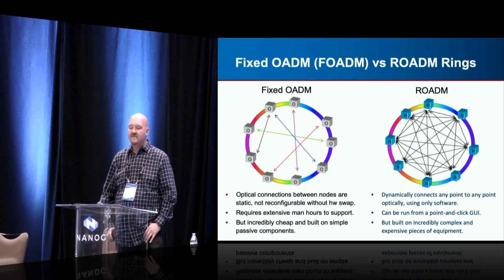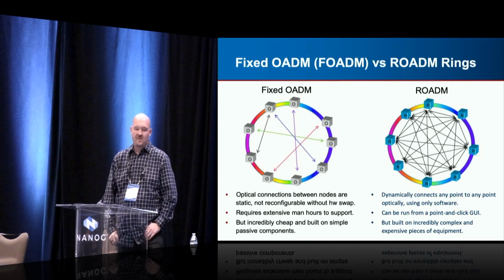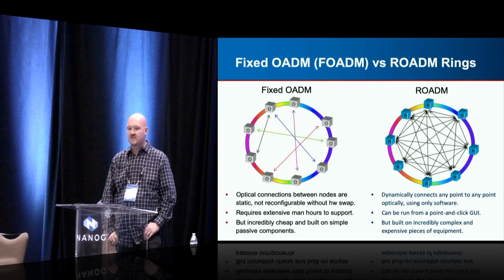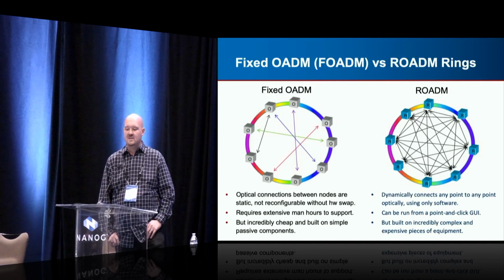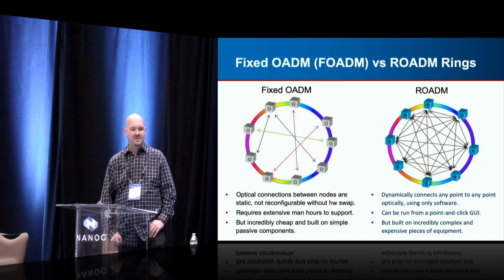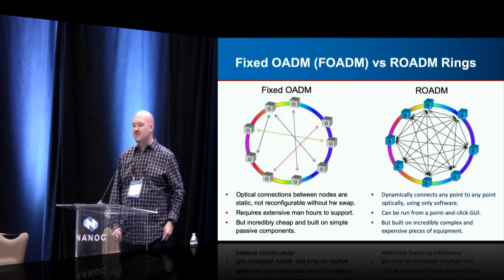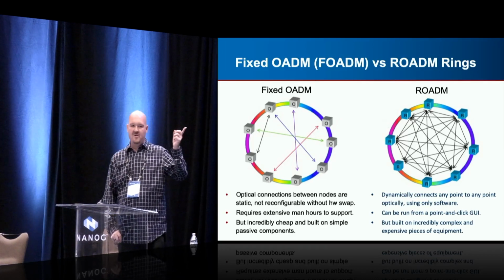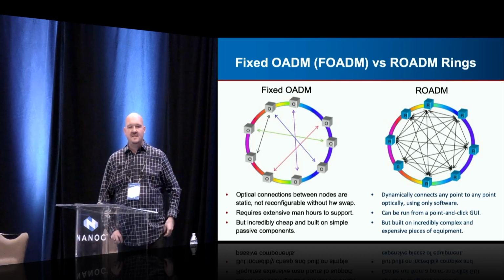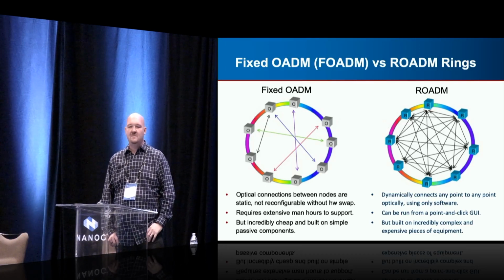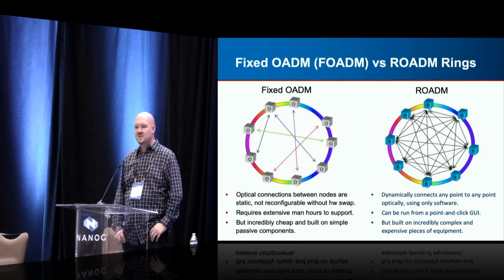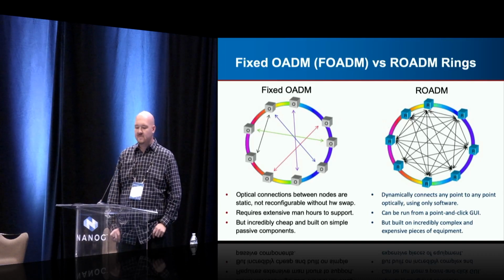So if you think about a fixed OADM, or just a classic OADM, you can create these optical connections between nodes at any point. You could build a ring like this. You could run fiber in a ring and arbitrarily say, I want to connect node 1 to node 7, but it's static. This has to be created when you design the original channel plan and the device that goes in.